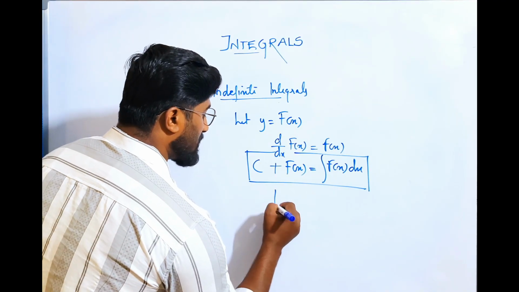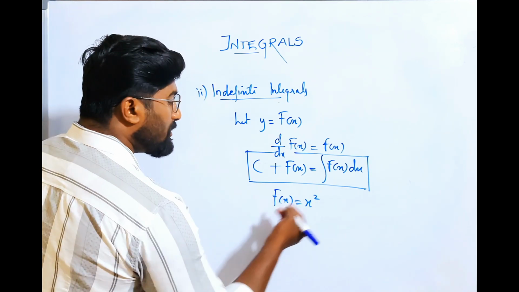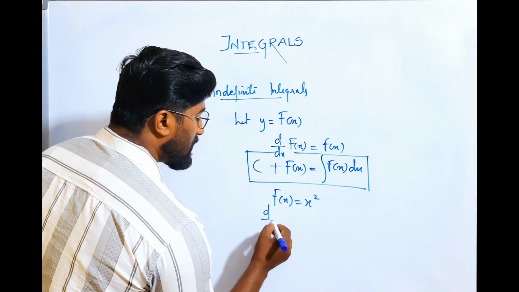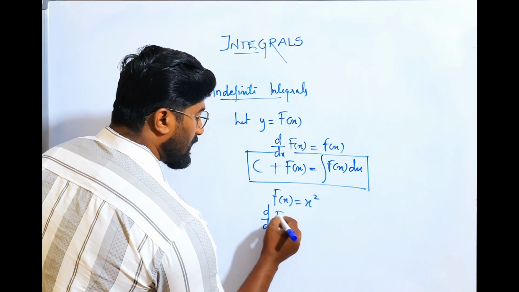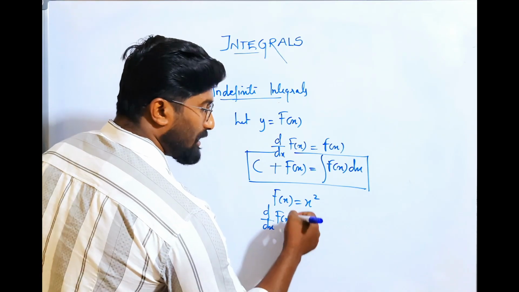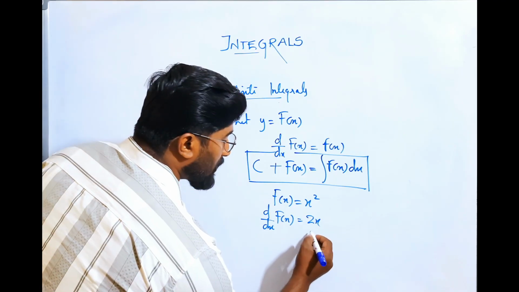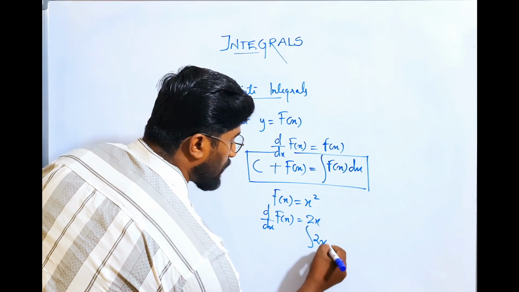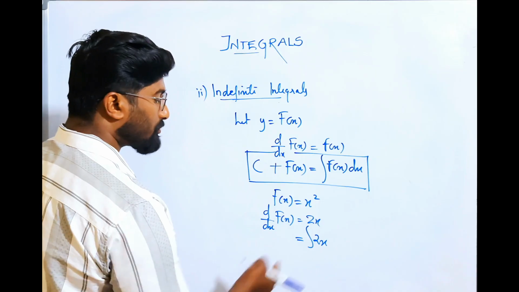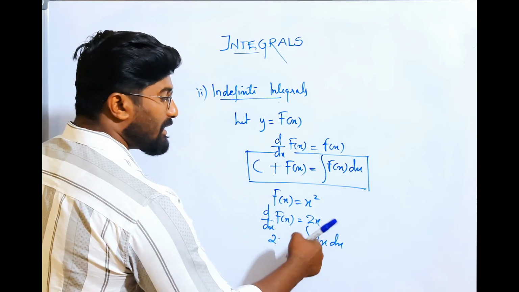Suppose you have a function f of x that is equal to x square. When you differentiate this function, d by dx of f of x, which is the derivative of x square, you know that it is n into x raised to n minus 1, that is 2x. So here the integral of 2x is equal to 2 into the integral of x.